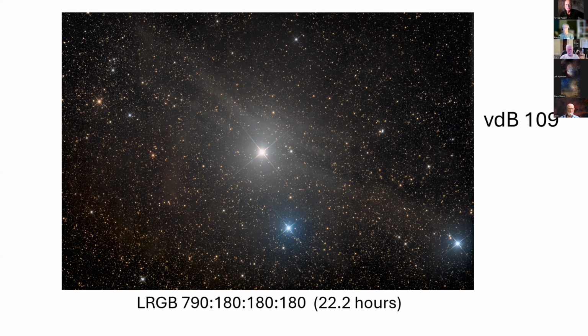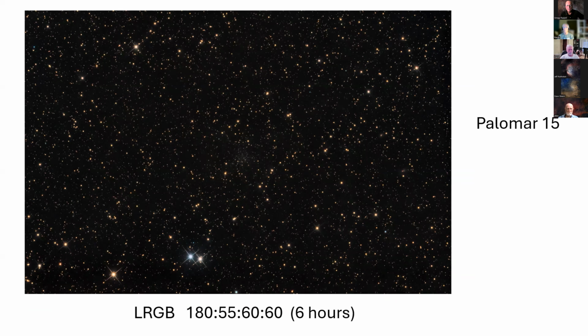Okay, and this is the other one that I shot. This is Palomar 15. The Palomar series of globular clusters are all faint objects surrounding the Milky Way that are really, really far away. And you probably can't even see it unless you look really close.